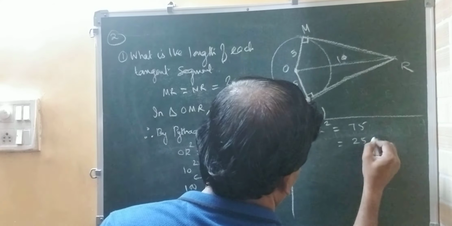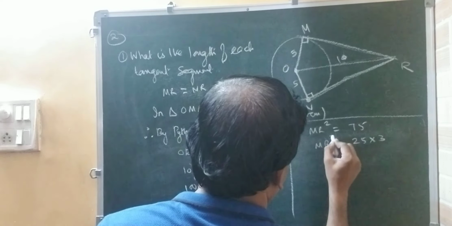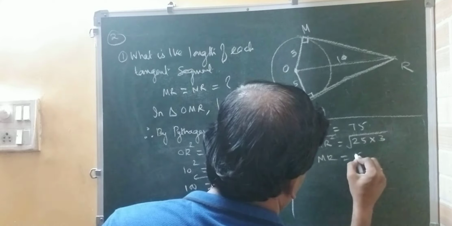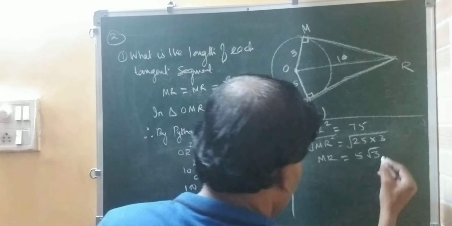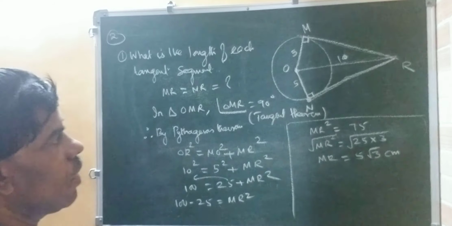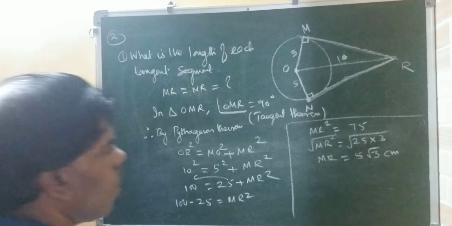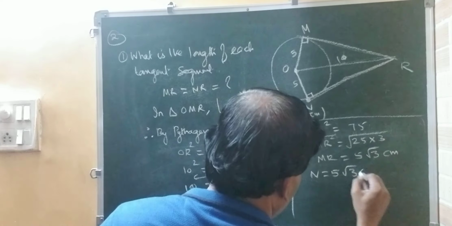It is 25 into 3. So what is MR? 5 root 3 centimeter. Then therefore what happened to NR? NR is also 5 root 3 centimeter.